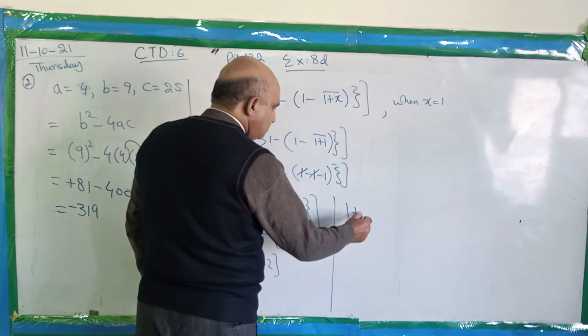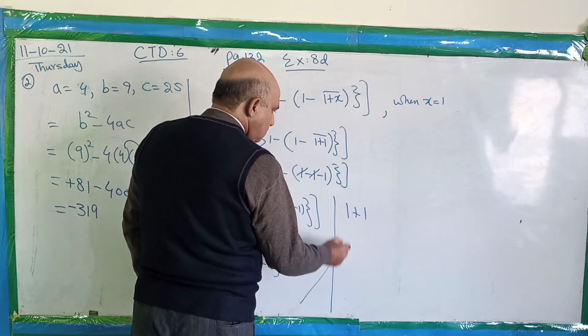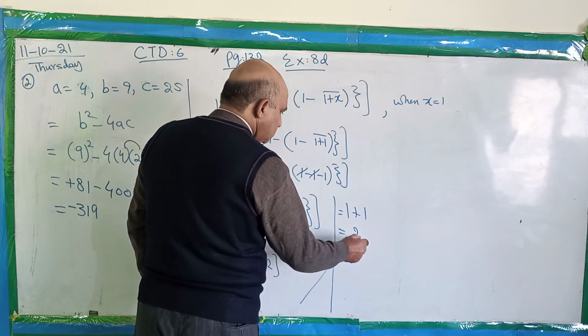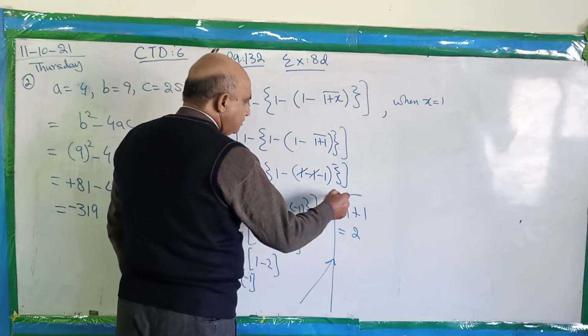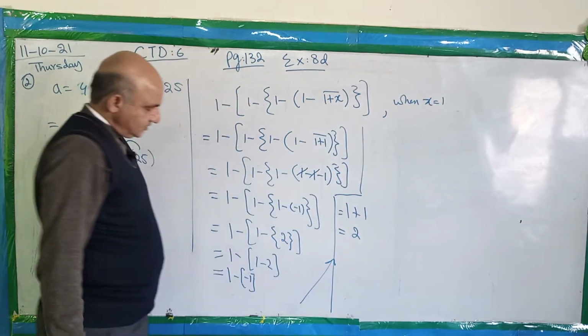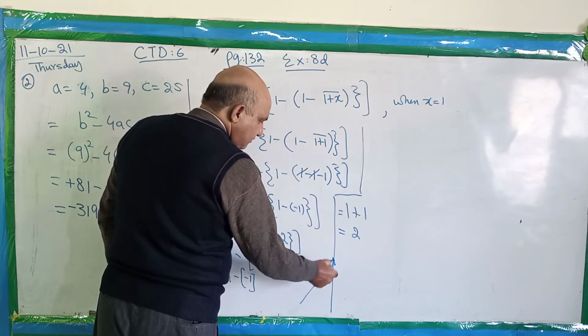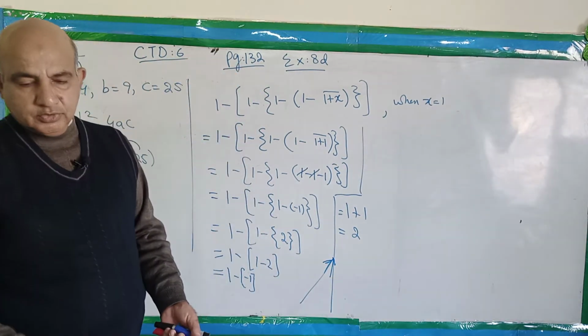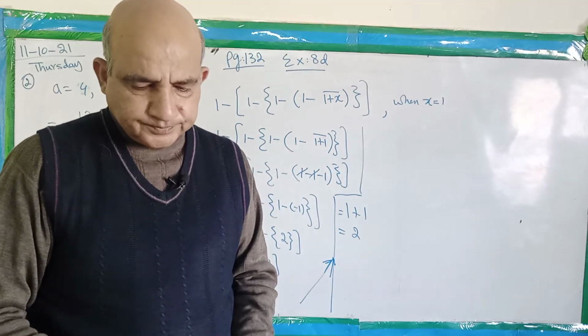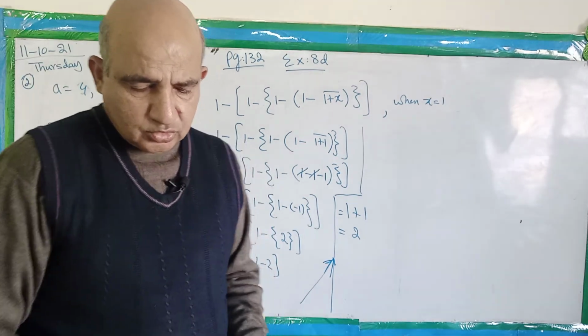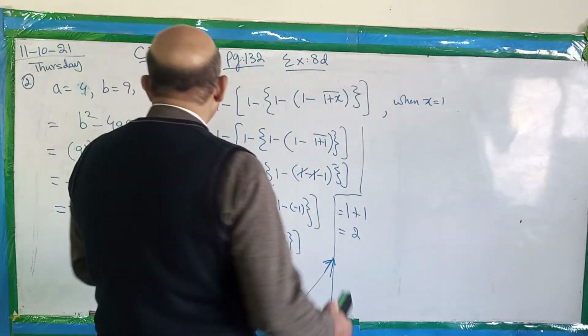So we write here 1 plus 1. So it is equal to 2, right? In this way we have solved question number 3, right? I'm going to solve question number 4 as well.